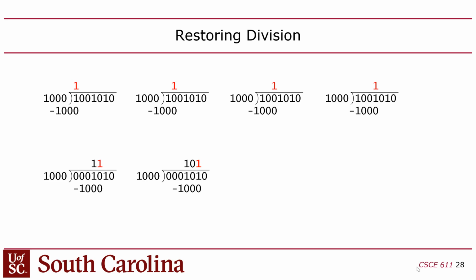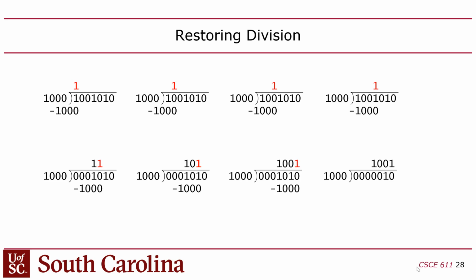And then it tries to do that again, and then eventually once you're in the last bit position, you're going to take the 10 and subtract 8 and get 2, which will be your final remainder, right? So this is going to be a quotient of 9 with a remainder of 2, right? Makes sense, right? 8 times 9 is 72, and we're dividing into 74, so there would be a remainder of 2, right? Does that make sense?